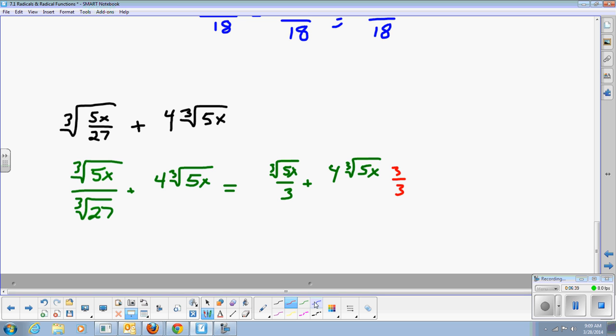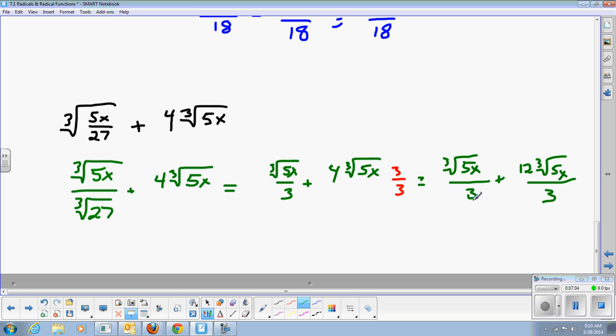And I'm now going to rewrite the expression. I'm going to rewrite it as the cube root of 5x over 3 plus 4 times 3 is 12 times the cube root of 5x over 3.